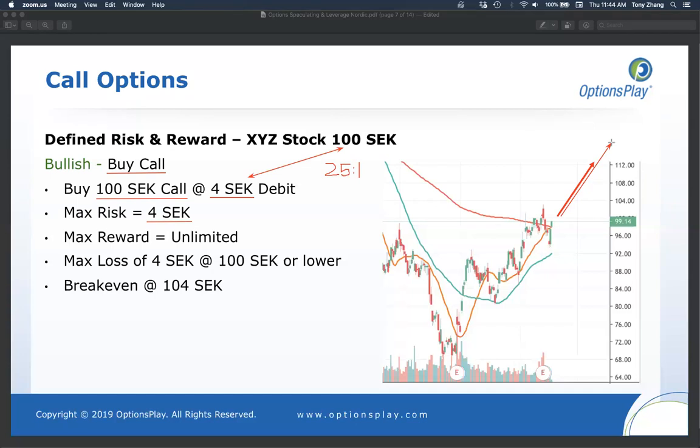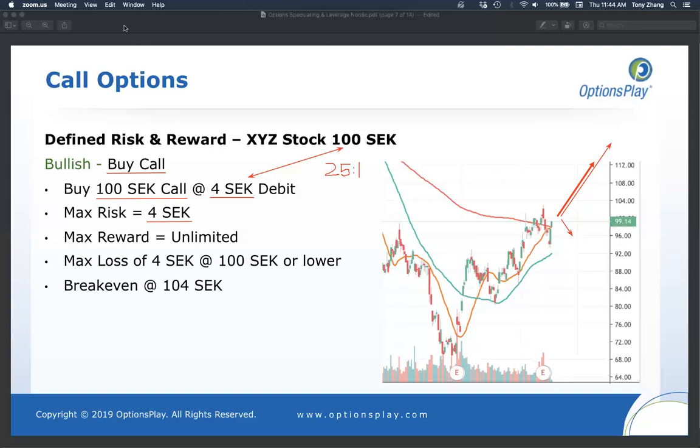So on a call option, I get to make more and more money if I am correct on my bullish view on stock XYZ. But if I'm wrong, no matter what happens, even if the stock declines to 80 or 70 or 50, however far it goes, the most I will lose is just 4 crowns. So this is the asymmetrical risk reward that many options traders seek.